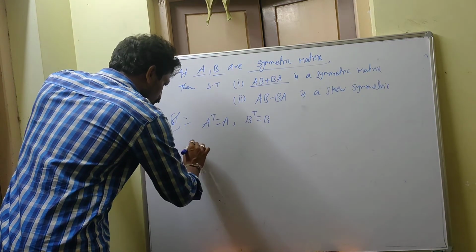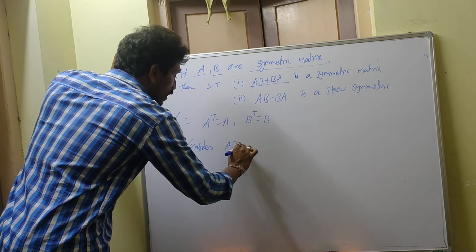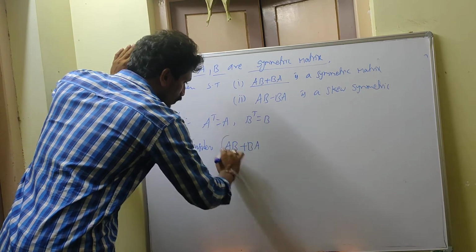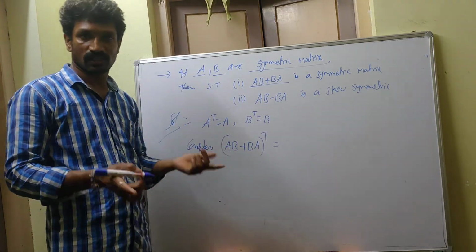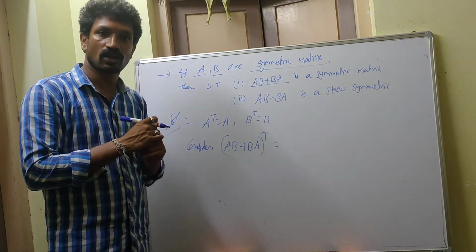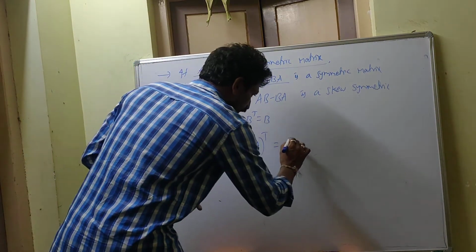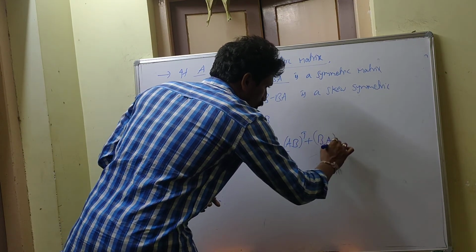Consider AB plus BA whole transpose. Here AB is one matrix, BA is another matrix. We have the properties of transposition: A plus B whole transpose is A transpose plus B transpose. Same like here, you can write AB whole transpose plus BA whole transpose.